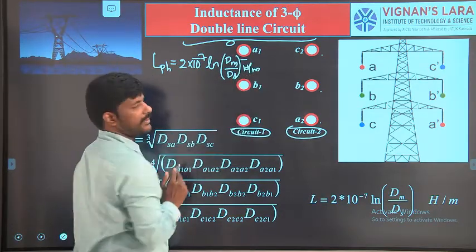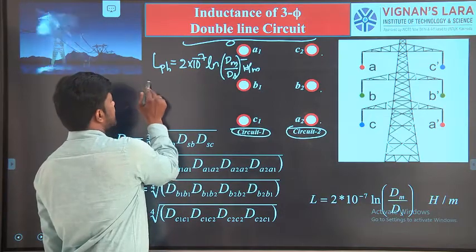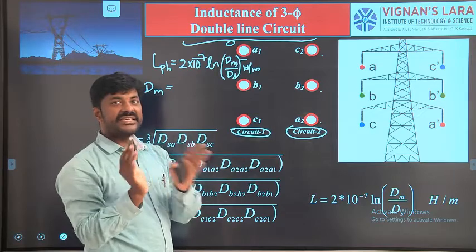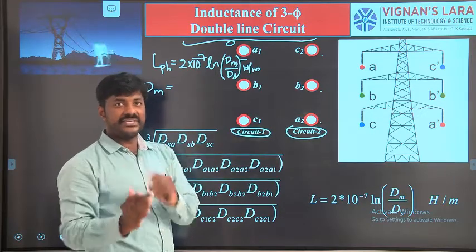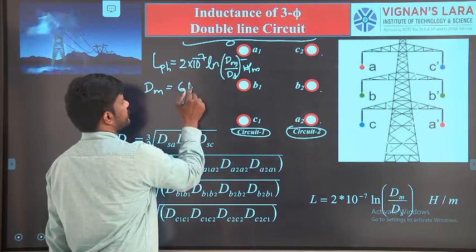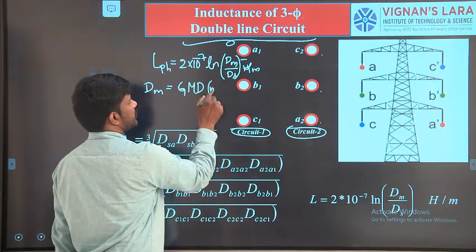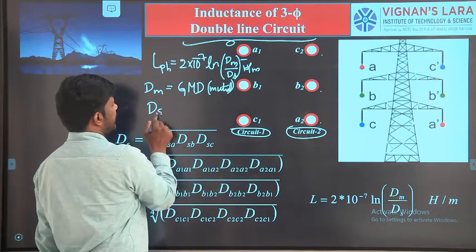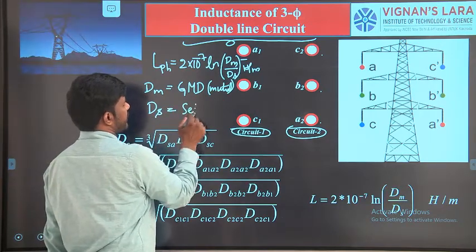This is the formula. Where Dm is mutual GMD, the distance between the mutual phases, between two different phases. Whereas Ds in the denominator is self GMD.